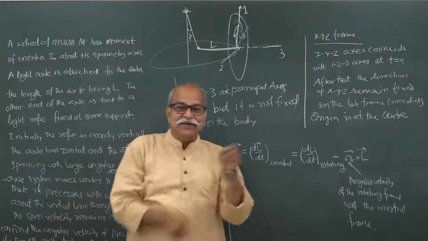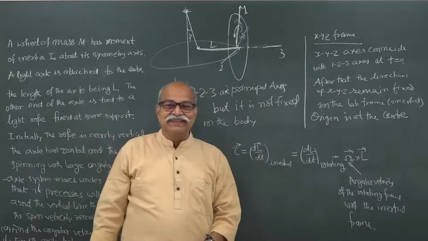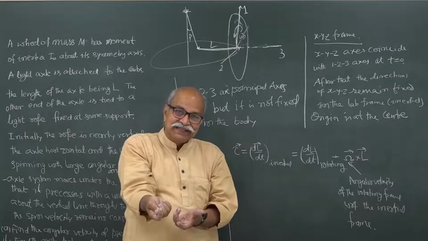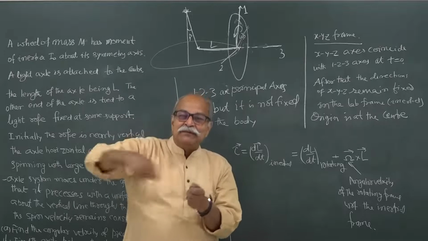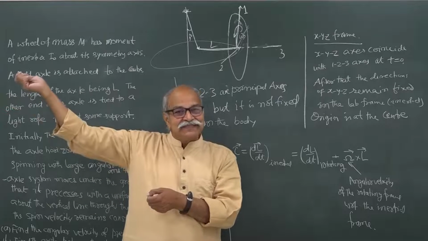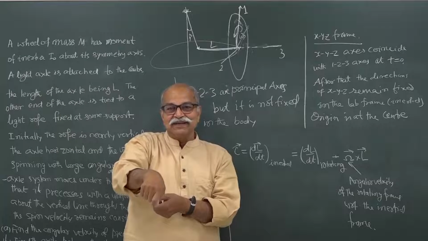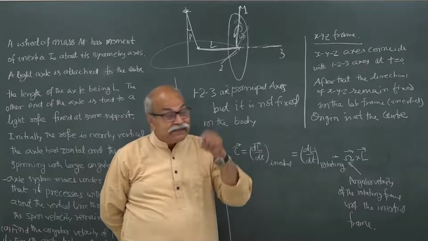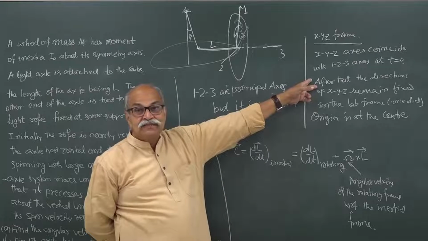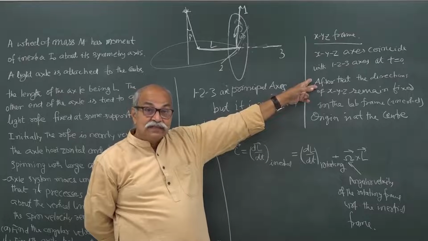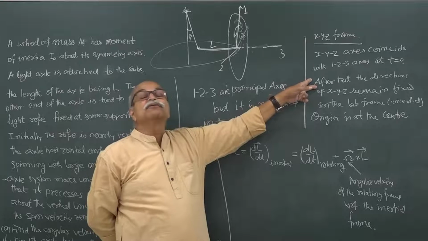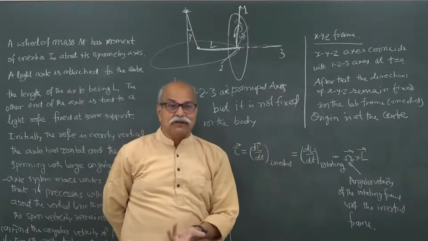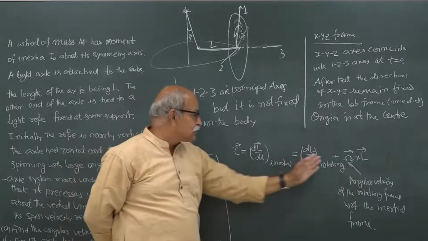Like mg on all particles, if you take torque of all those about the center of mass, it is 0. Similarly, here the pseudo force m a naught on each particle, if you take the torque about the center of mass, it is 0. So, although it is not an inertial frame of reference, as far as the torques are concerned, I have taken care of pseudo forces. So, I can treat it as an inertial frame of reference, and those pseudo forces have no torque, and so I can directly use this.